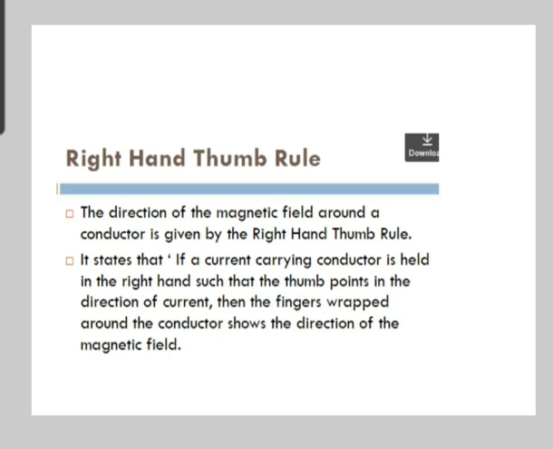This rule states that if a current carrying conductor is held in the right hand such that the thumb points in the direction of the current, then the fingers wrapped around the conductor show the direction of the magnetic field.